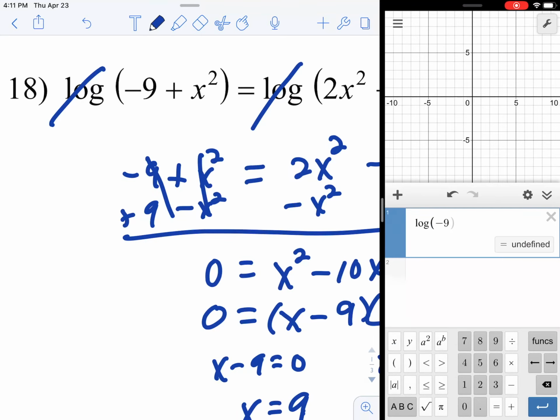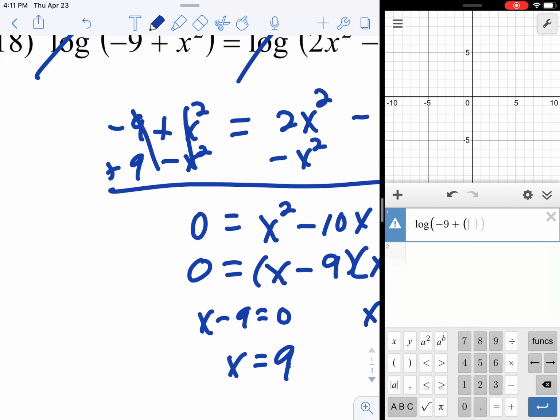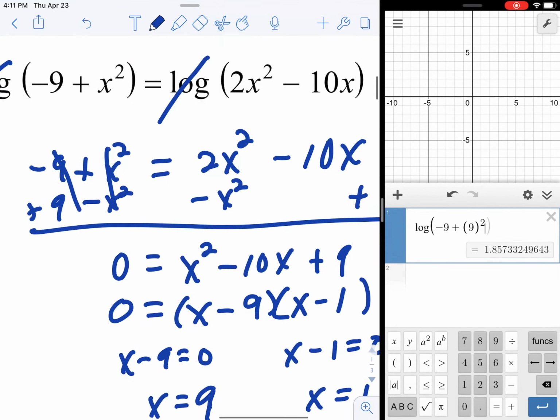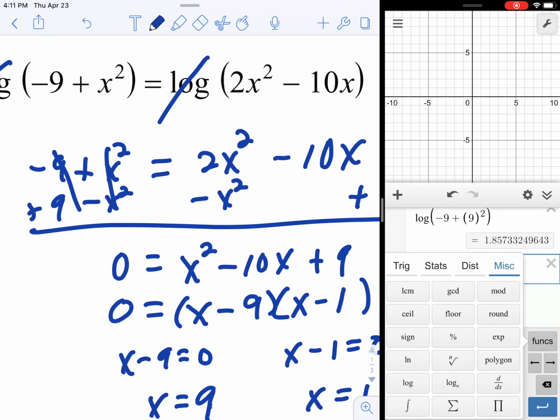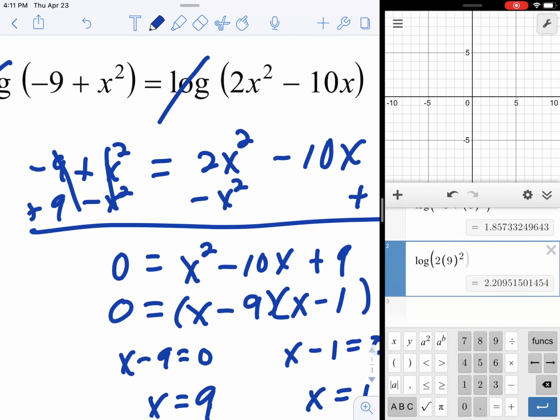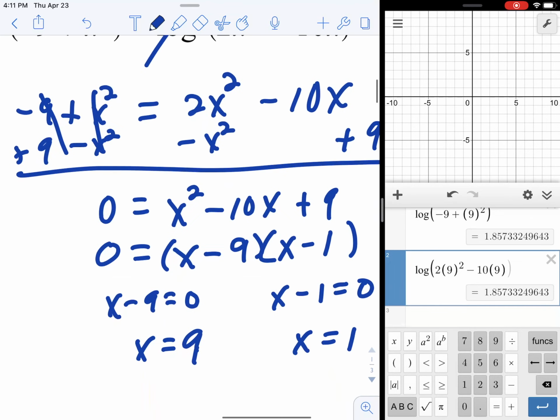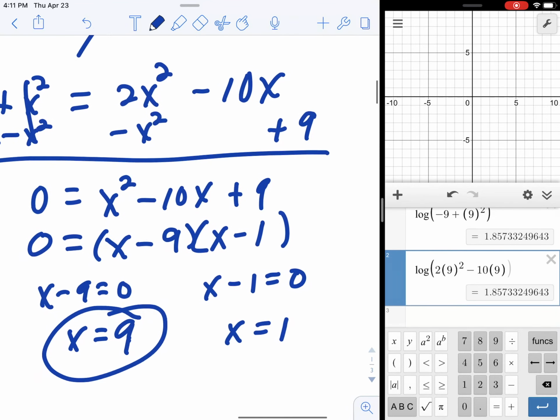Negative 9 plus, and what am I plugging in? 9 squared. And then the other side of the equal sign, log 2 times 9 squared minus 10 times 9. All right, so those both equal each other. That's a good answer.